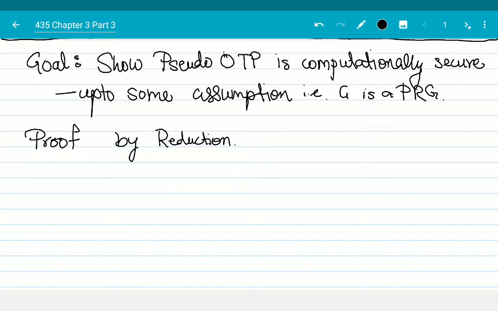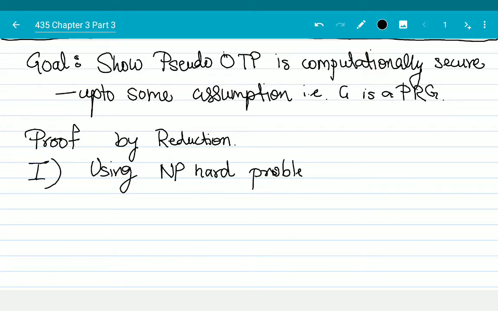One of the methods that is usually used is using NP-hard problems. NP-hard problems are really hard problems that we assume are not solvable by any polynomial time algorithm with higher than negligible probability.